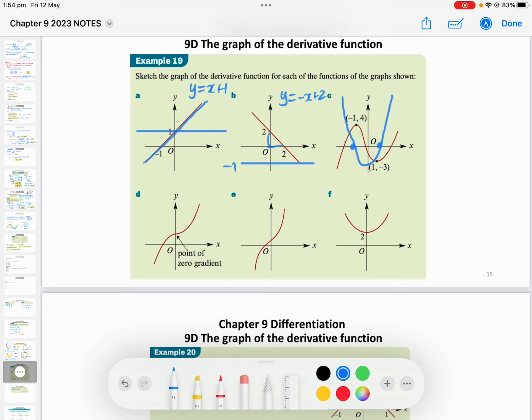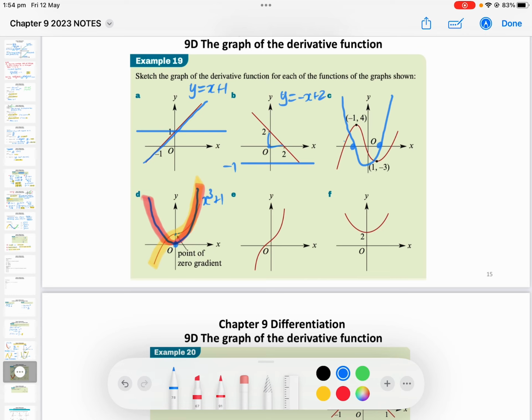But if you've got a point of 0 gradient here, we know this is a graph of x cubed plus something, I'm going to say 1. So the graph we would get would be 3x squared, which looks like this. The gradient is positive, then 0, then positive again. So if we look at my parabola, positive, touches at 0, and then positive again.